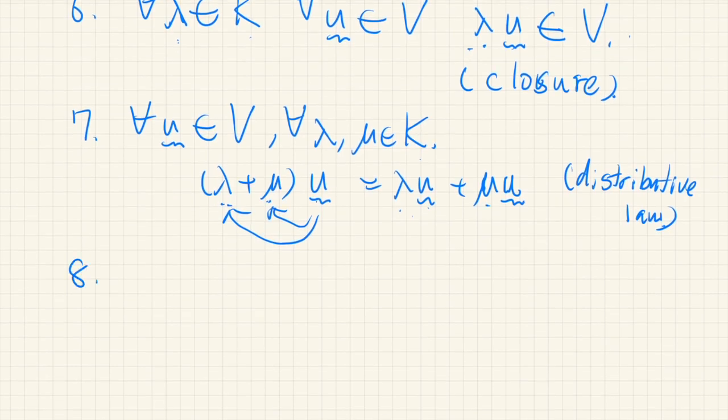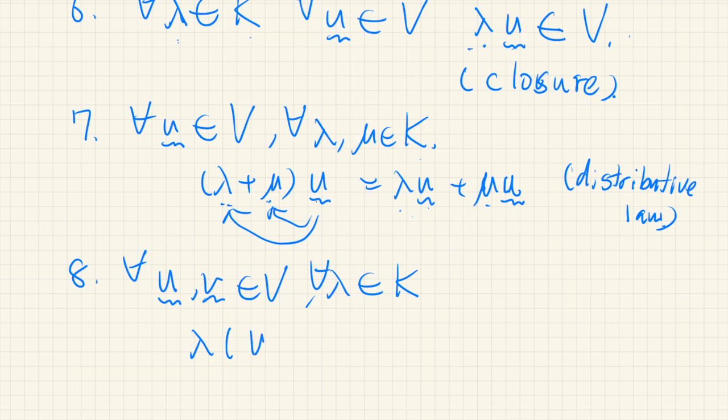And next, similarly, for all pairs of vectors u and v, so u and v are vectors, and for any scalar lambda in K, we have lambda times u plus v is equal to lambda u plus lambda v.